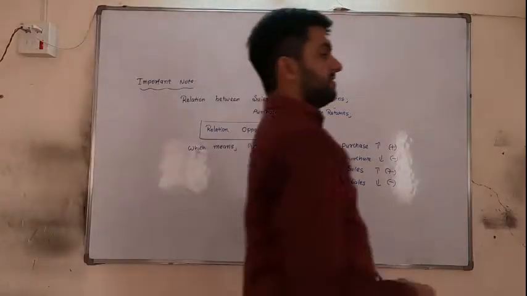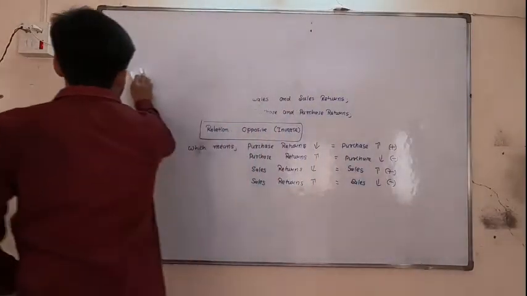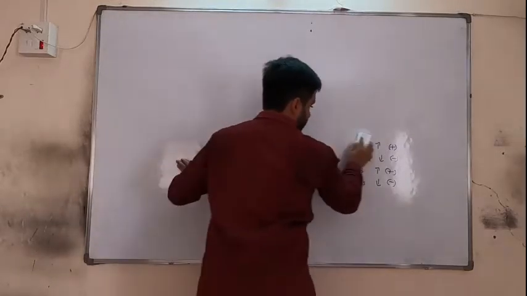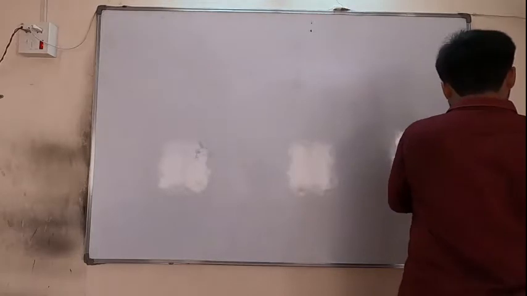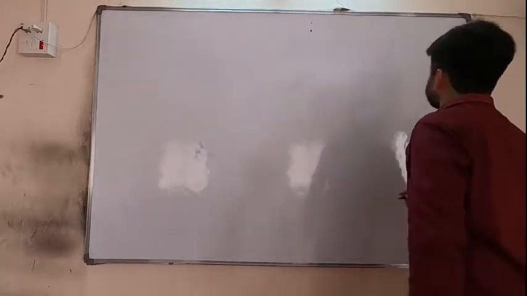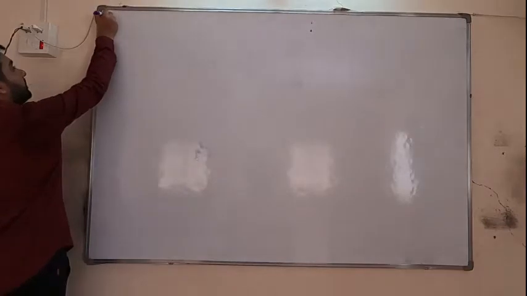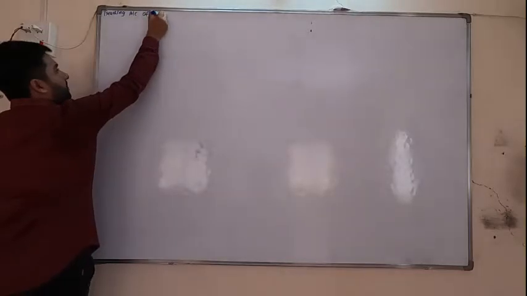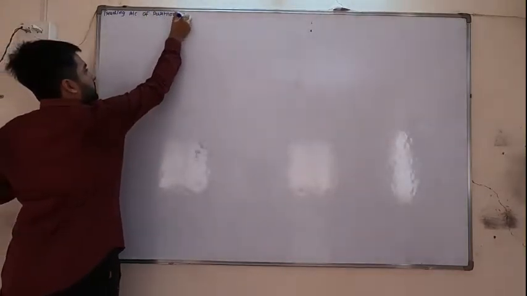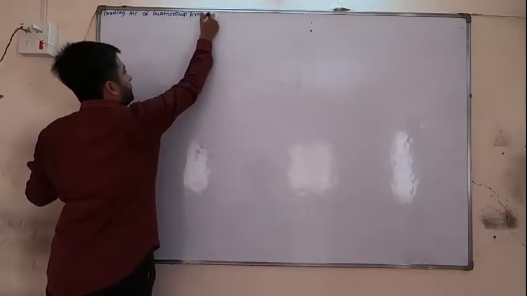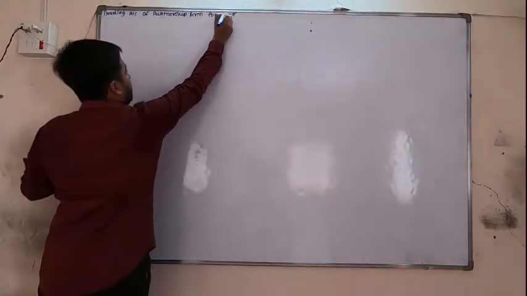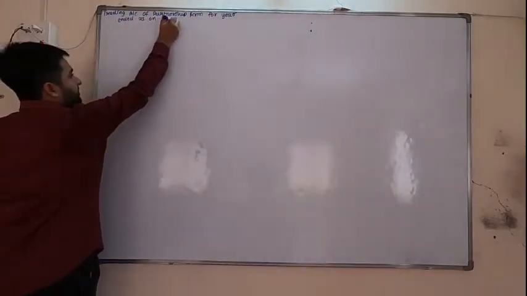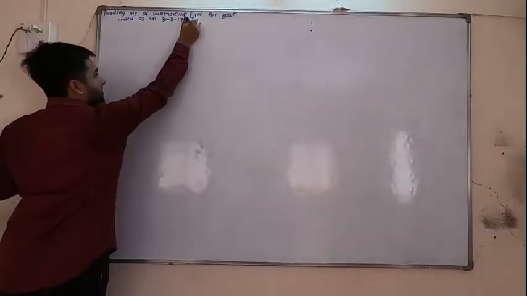Okay, now we are starting the sum. Trading account of partnership firm for year ended as on 31/3/17, which is for 8 lines.